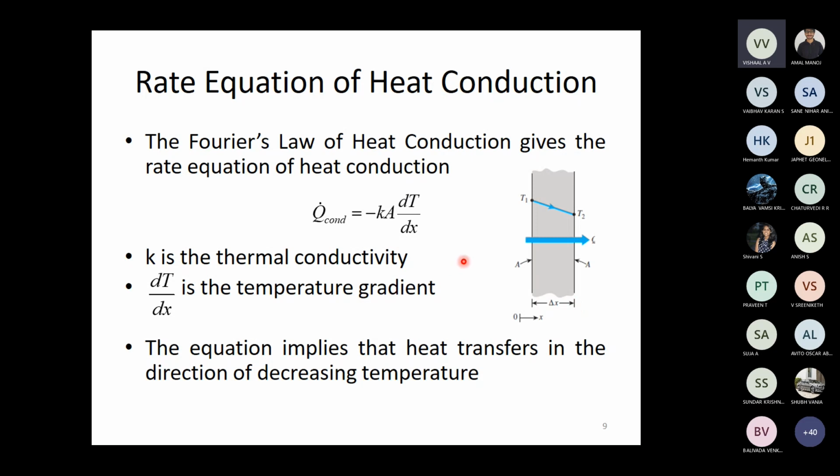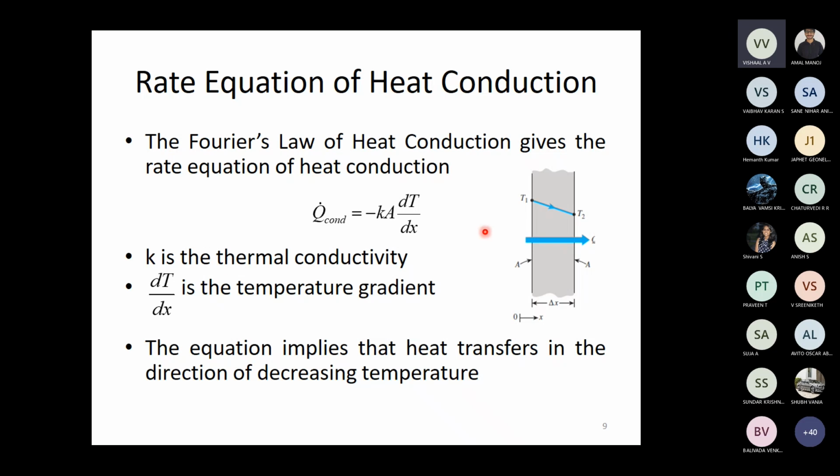We'll come to all those details in a short while. So this is basically the law of heat conduction. This is what determines the heat conducted in a particular situation, and this law is named after Fourier. It's called the Fourier law of heat conduction.